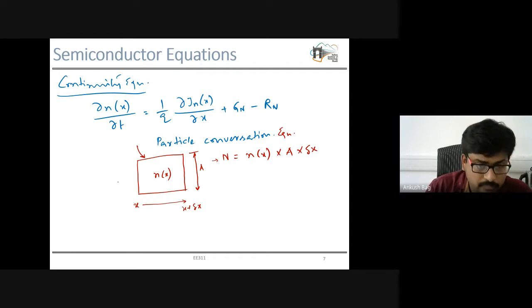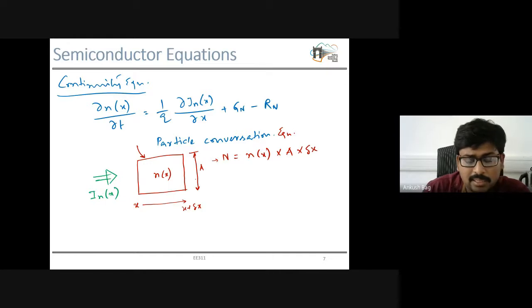That means, let's say, if we have current entering, which is, let's say, I_n at x, and the current going out, let's say, I_n at x plus del x.